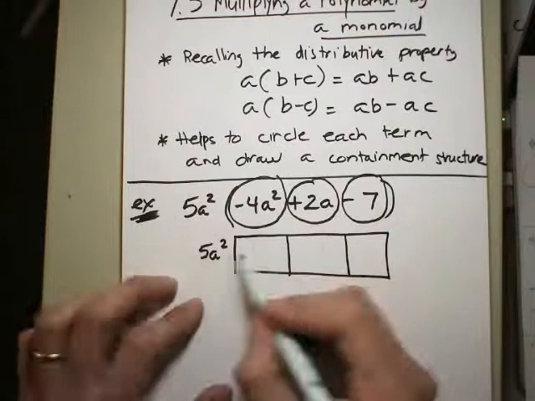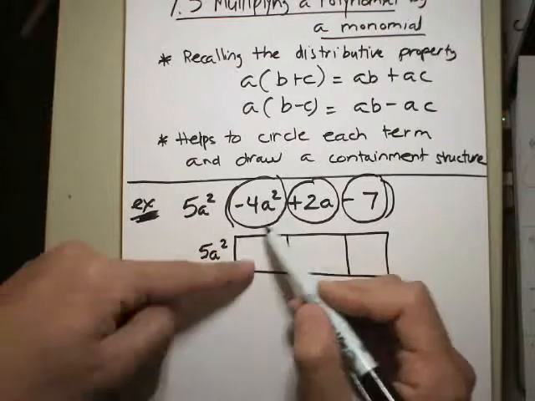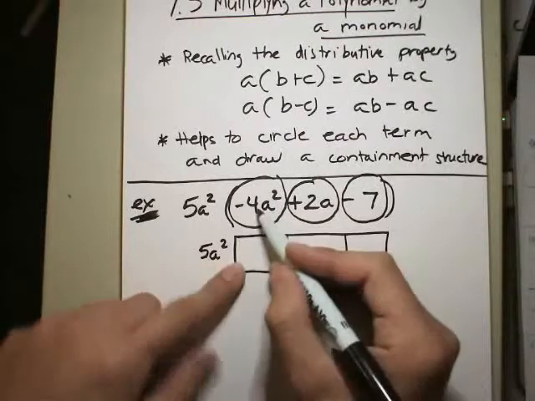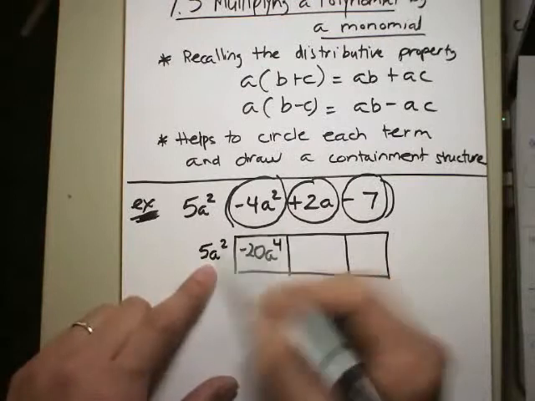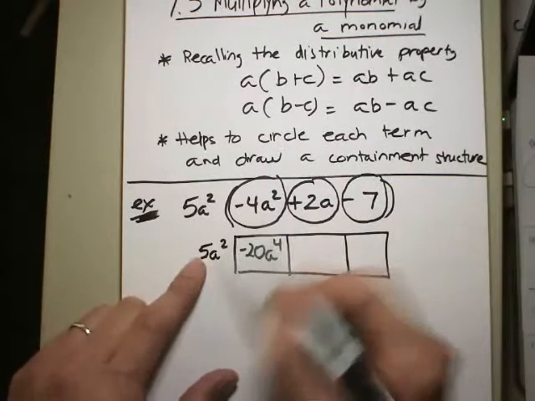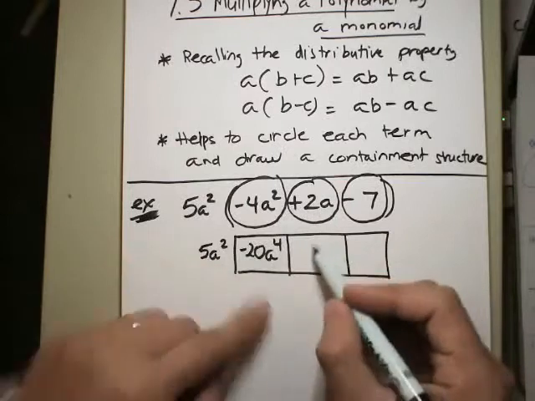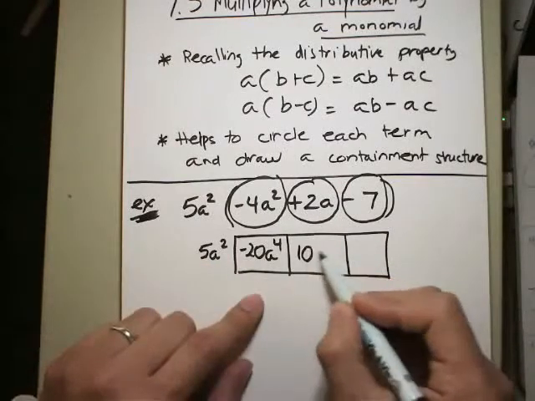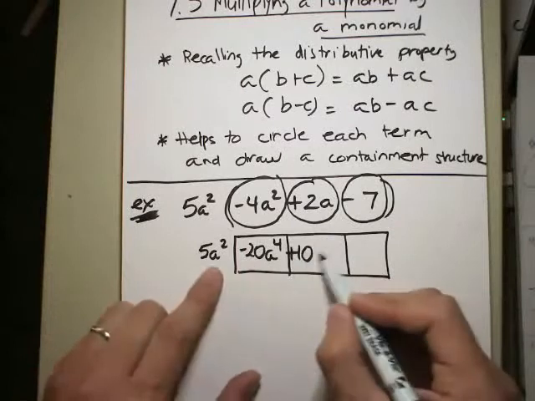Now you just go in. 5a squared times negative 4a squared, you know it's going to be negative 20a to the 4th power. Recall this: when we multiply powers with the same base, we add the powers, right? And then over here, 2a times 5a squared is going to give you 10, it's a positive, so make sure you put a plus sign there, positive a to the 3rd power.